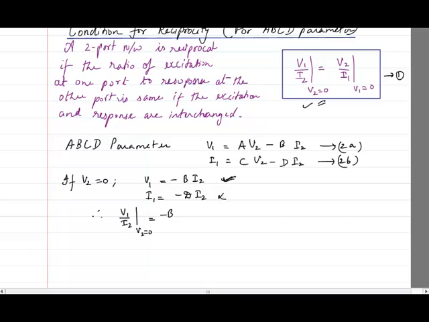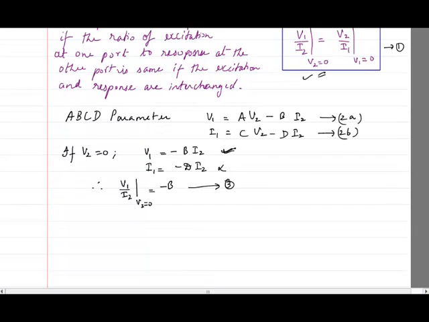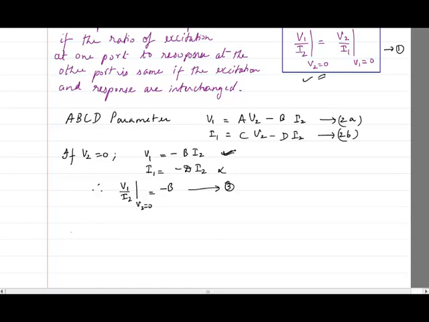Okay, so this equation is the first one. I will write this as equation number 3. Now, what is the second? On the right hand side, I have to make V1 equal to 0. So if V1 is equal to 0, then what happens to equations 2A and 2B?